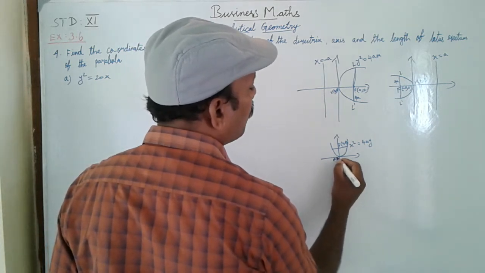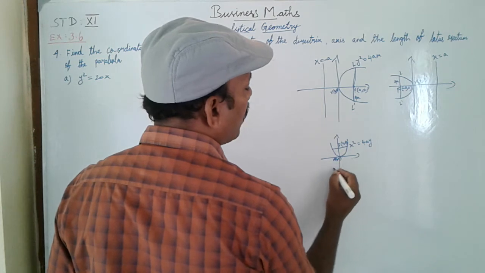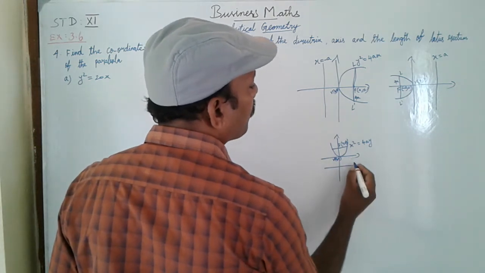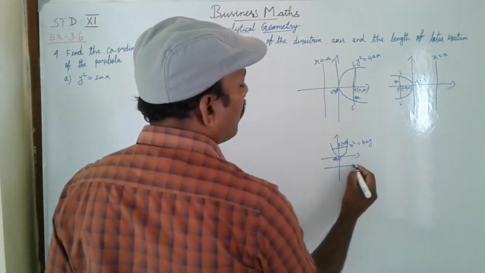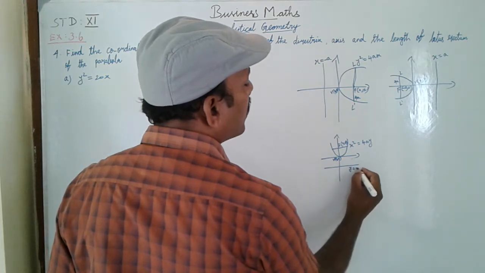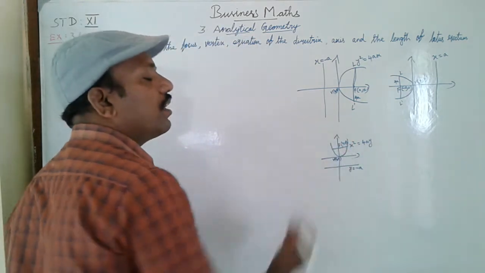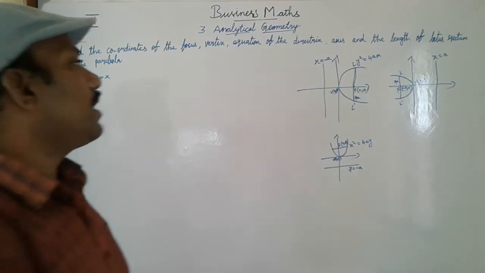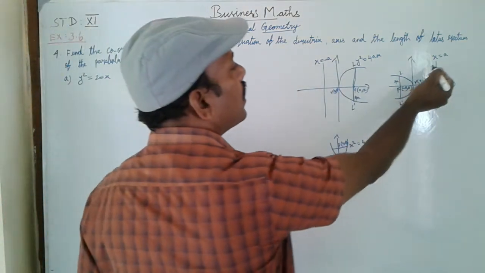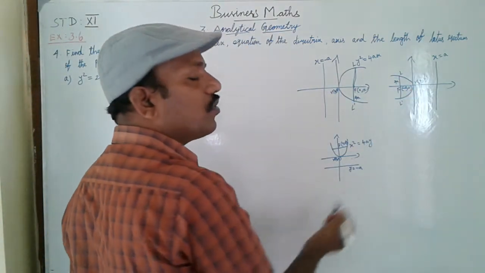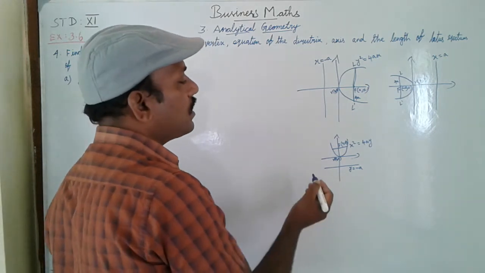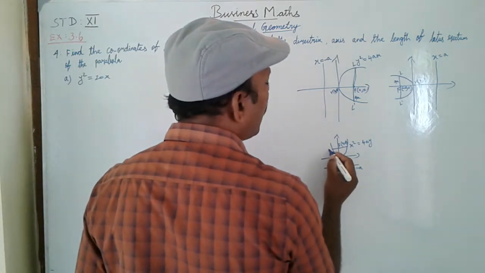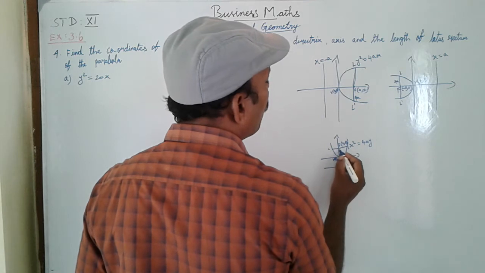Vertex is V of 0 comma 0. The directrix here is y equal to minus a. There it was x equal to minus a, x equal to a; here y equal to minus a is the directrix. Latus rectum L dash is 4a.